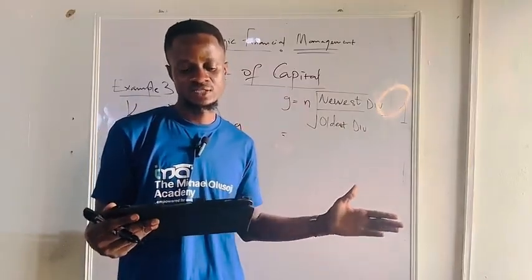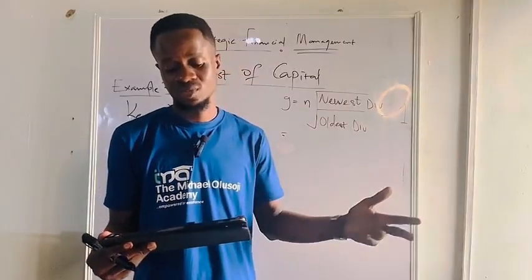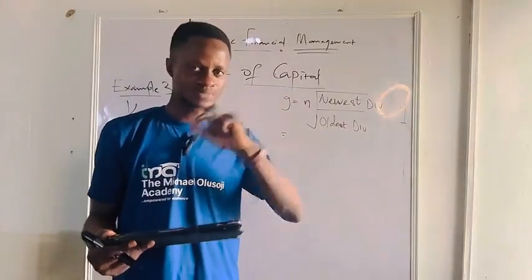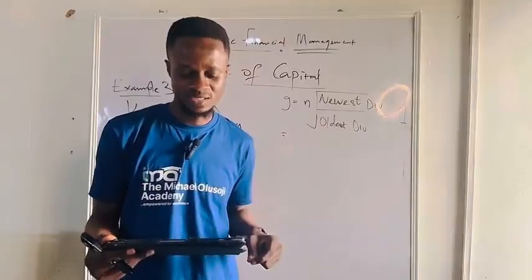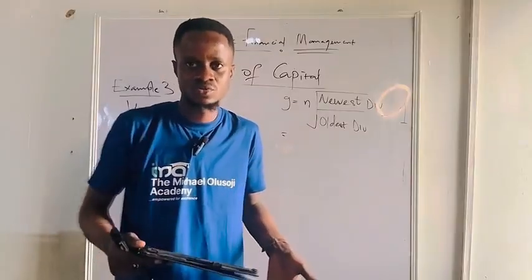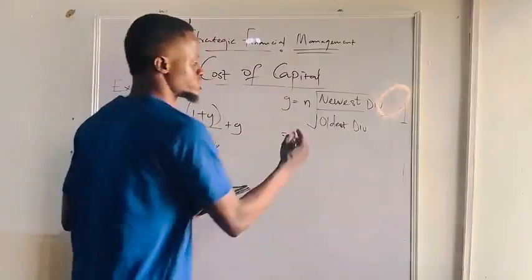So from 2019 to 2020, that's 1 year. 2020 to 2021 and 2021 to 2022. But basically, it's actually 3 years. And the reason for that is because 2022 is an estimate. It's as though we are still in 2022. So it's 3 years actually.